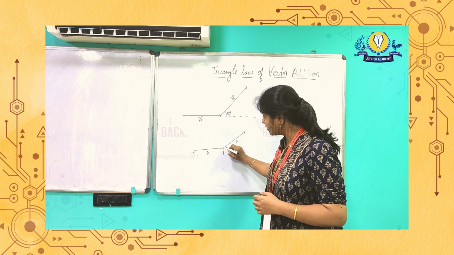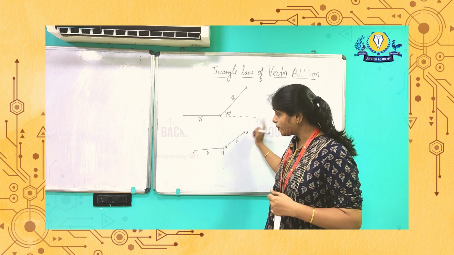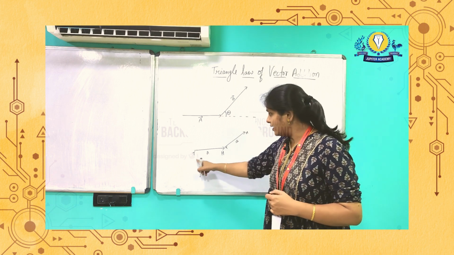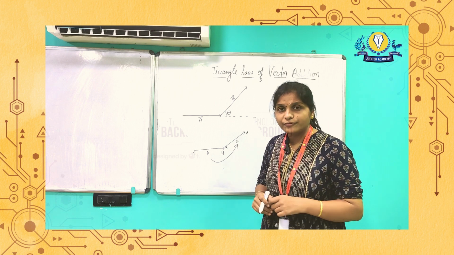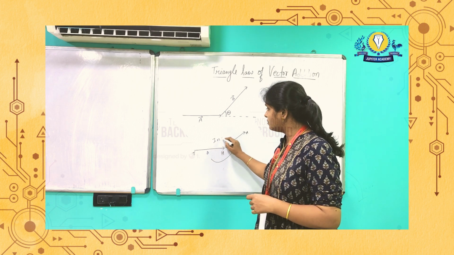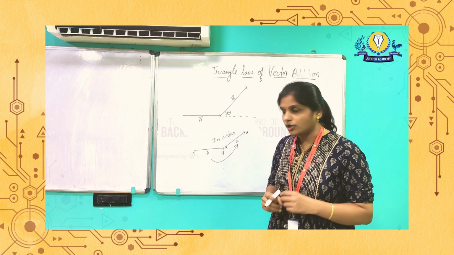The tail of the B vector will lie here and the head of the vector will lie here. When tail and head are in one series, then we will say the vectors are in order.